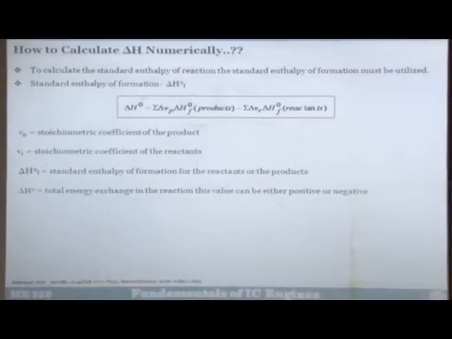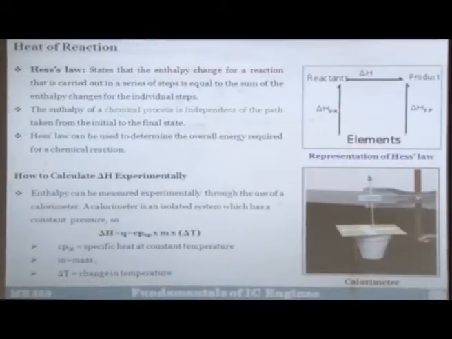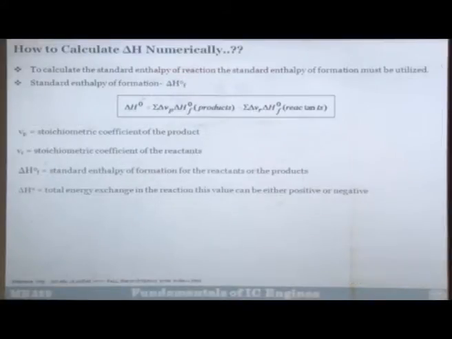So, if you want to calculate the delta H numerically, that is, the standard enthalpy of reaction, the standard enthalpy of formation can be utilized. And as I said, if you want to calculate this using the elements, you can find the heat of reaction as the enthalpy of formation of the products when you are starting with constituent materials, minus the enthalpy of formation of reactants. So, this is simply written here.